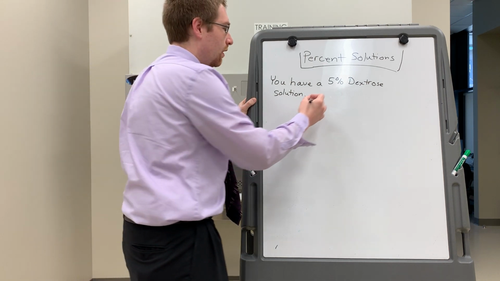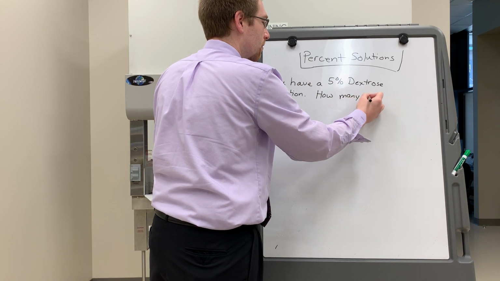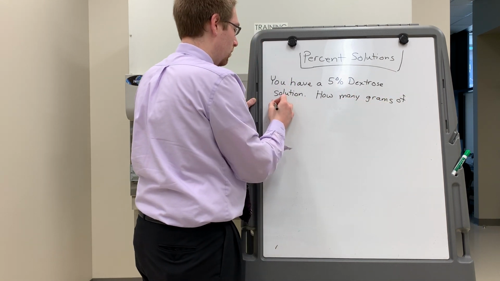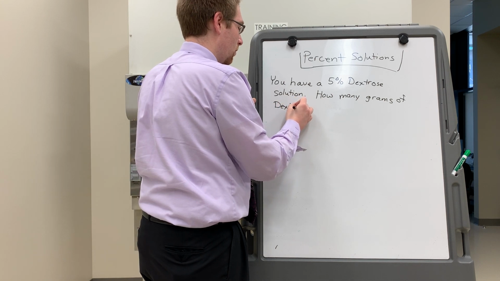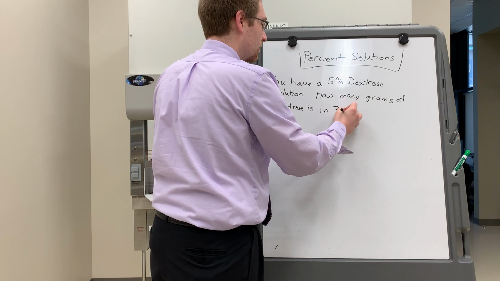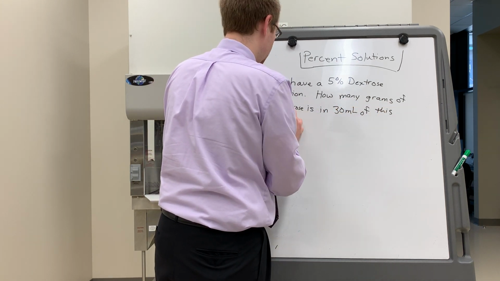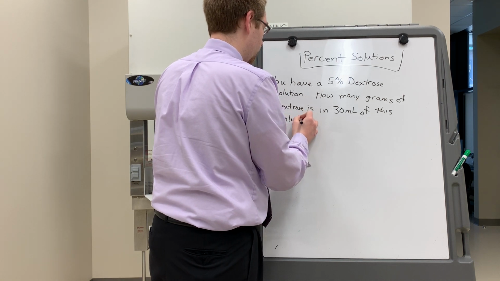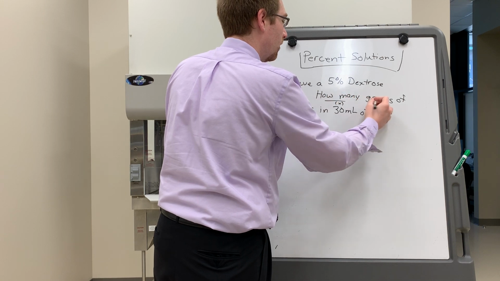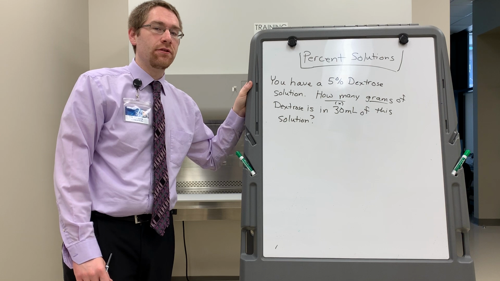In the question, I want to know how many grams of dextrose is in 30 mLs of this solution. So how many, being our X value, of grams of dextrose is in 30 mLs of this solution?